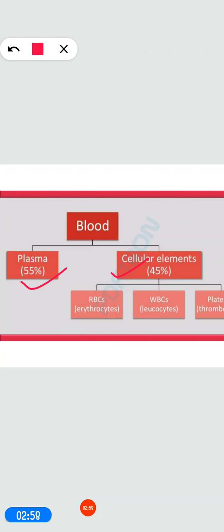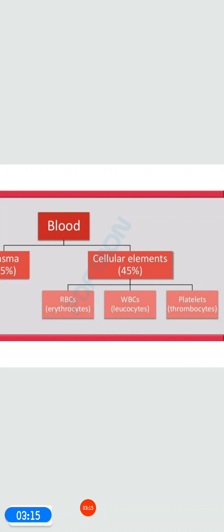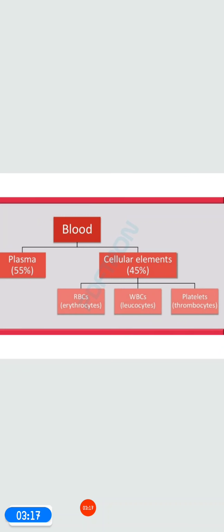Cellular elements means RBC, WBC, and platelets. RBC is also known as erythrocytes, WBC is also known as leukocytes, and platelets are known as thrombocytes.